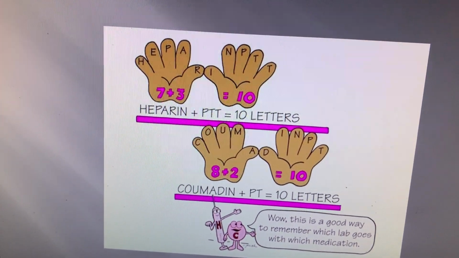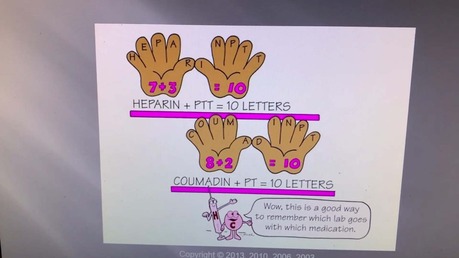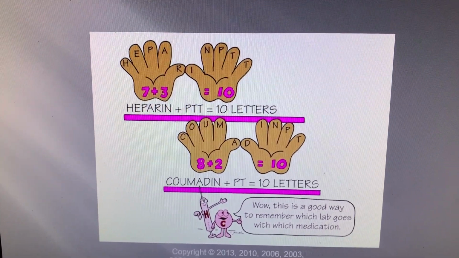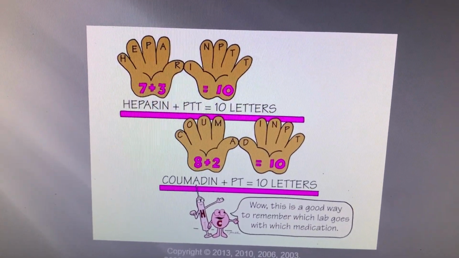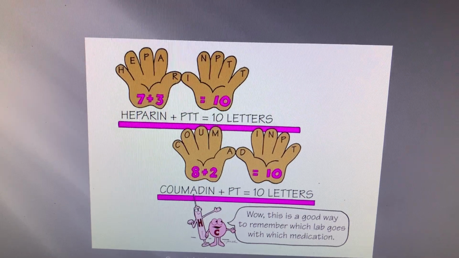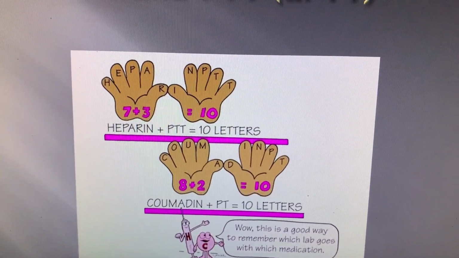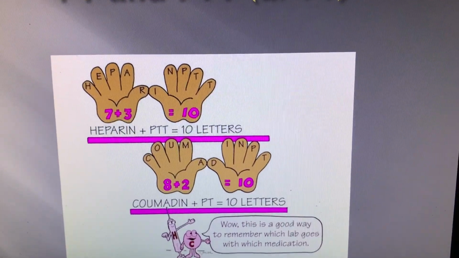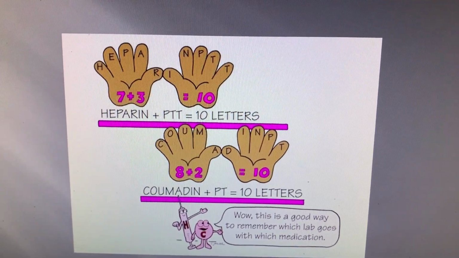So heparin uses the partial thromboplastin time, or PTT, to measure if the heparin has reached a level that is going to be therapeutic. Now it's a little bit different with the Coumadin. You can see that Coumadin has 8 letters, and PT, which stands for prothrombin time, has 2 letters.